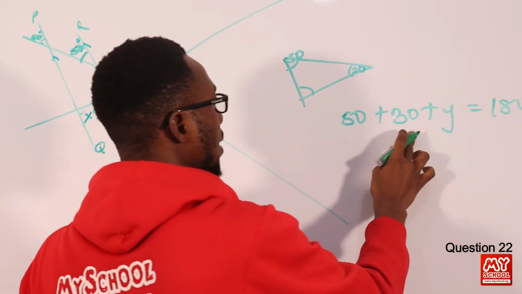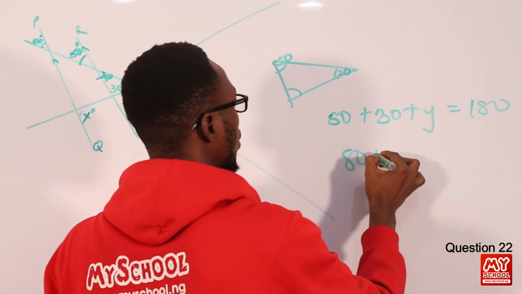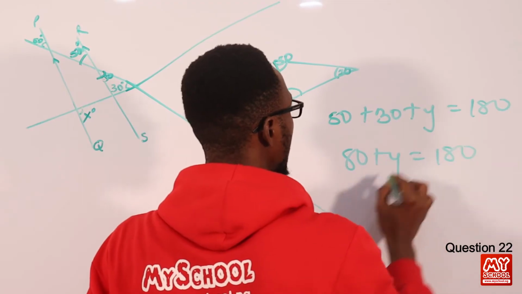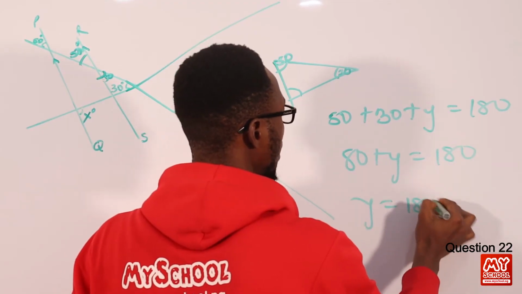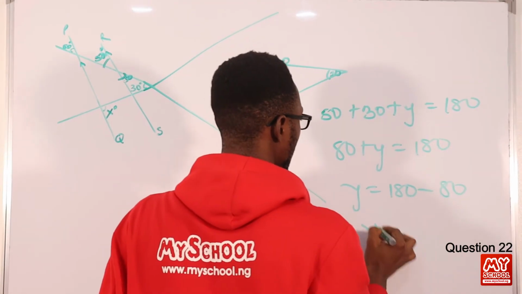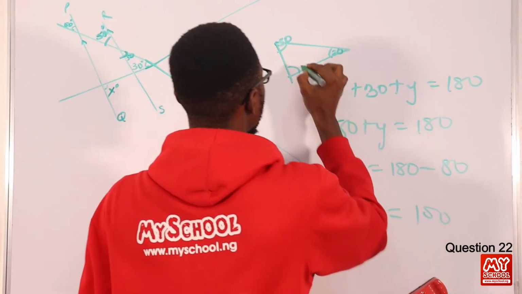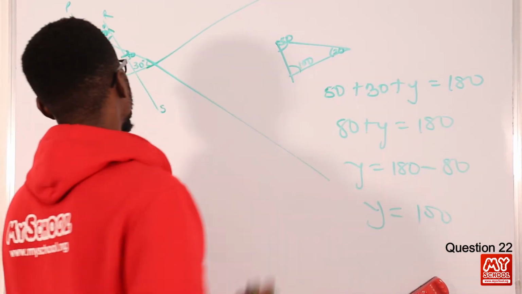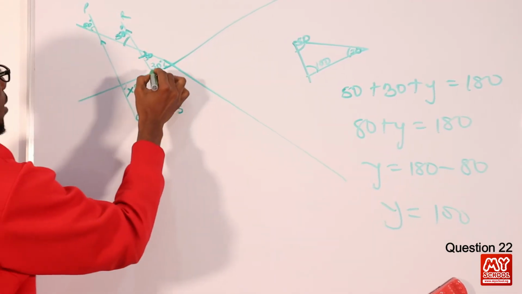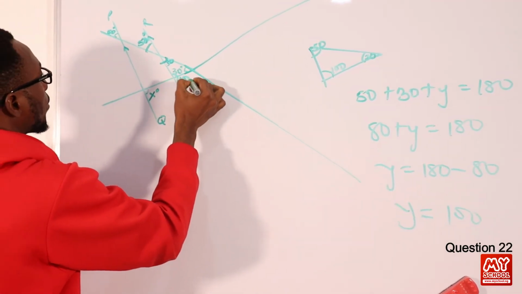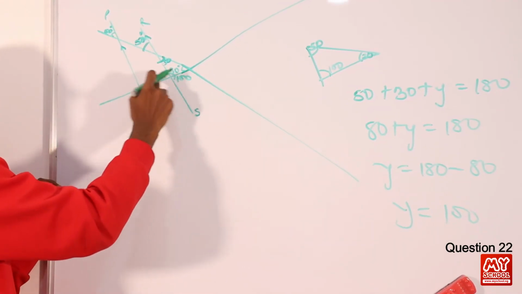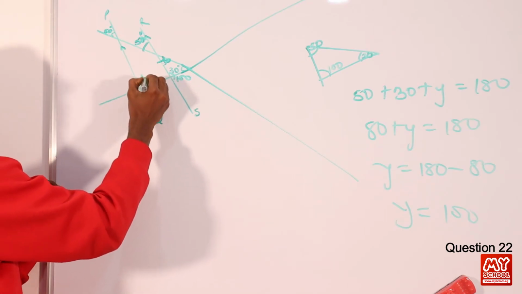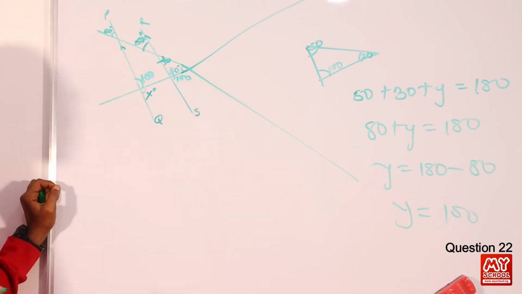That is 50 plus 30, that is 80, plus y equals 180. So y equals 180 minus 80. That means angle y is actually 100. So this part here is 100. So that means the angle I have here is actually 100. So if here is 100, this corresponds to this place as well as 100. Do you see that now?